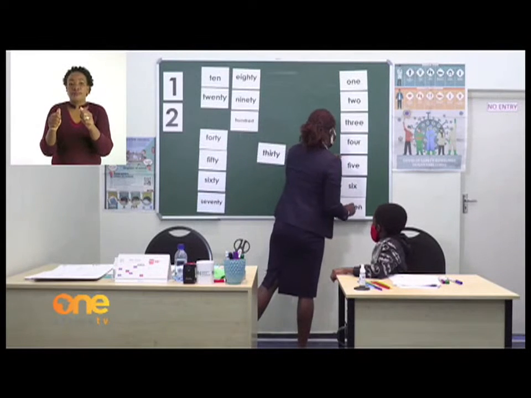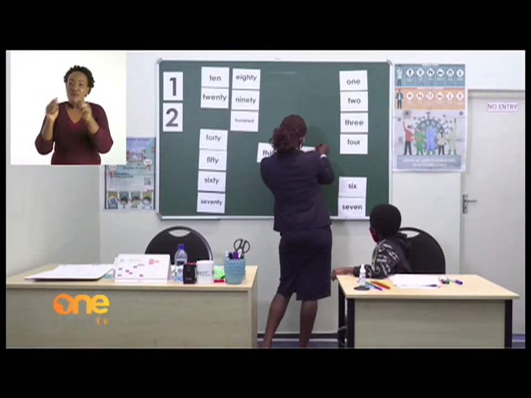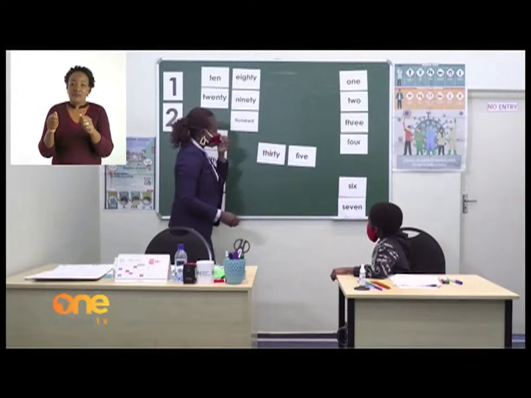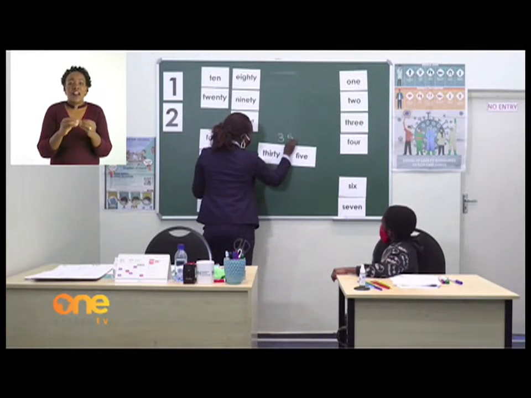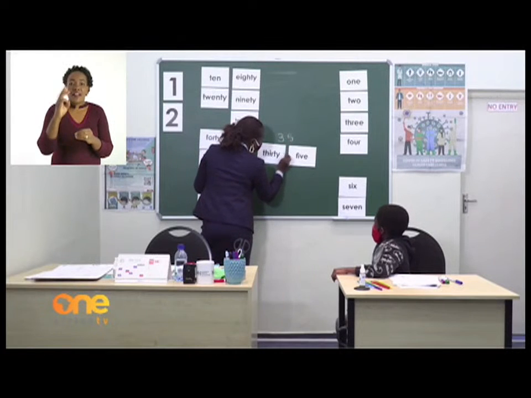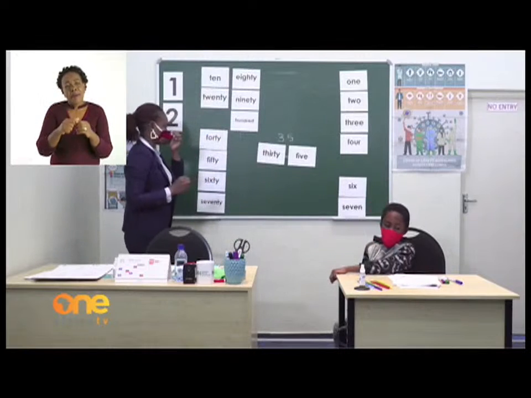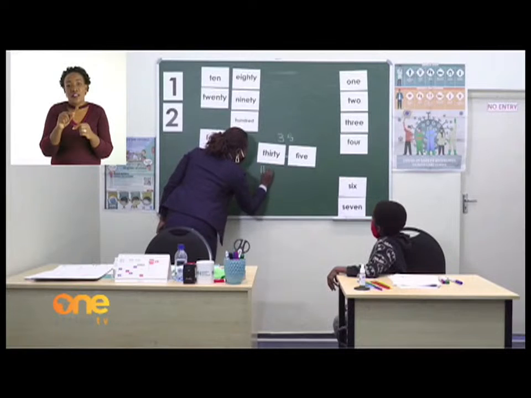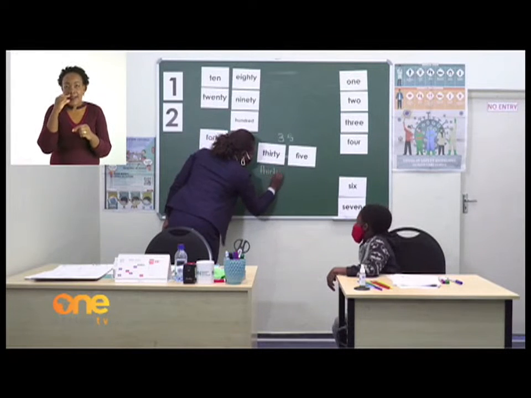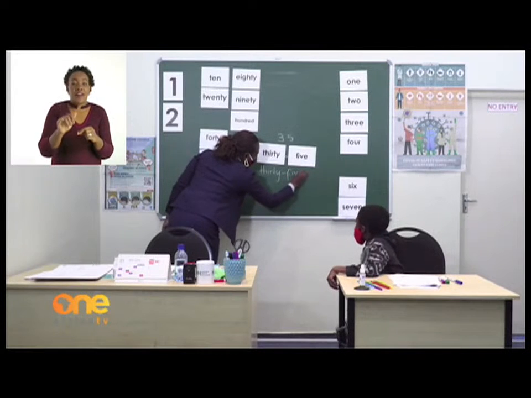You take your 5 from this side, you put it here, grade 3s. So the number 35 will be like this. And don't forget to put this line. It's very important. So in words, it will be 35.